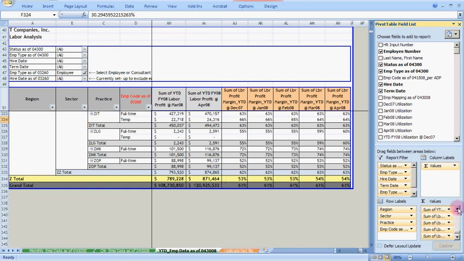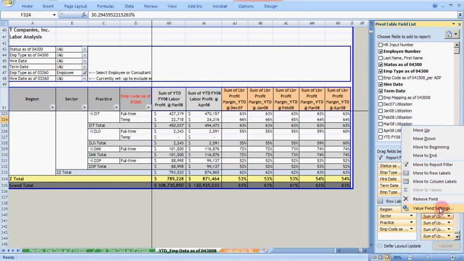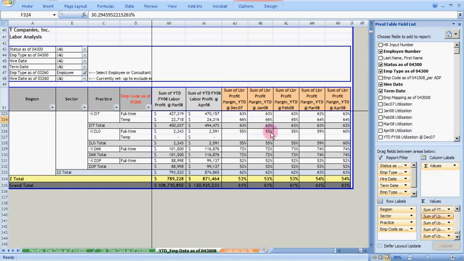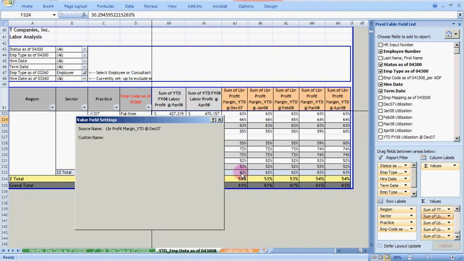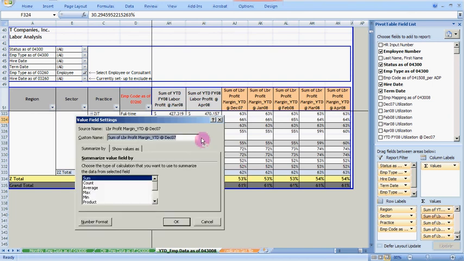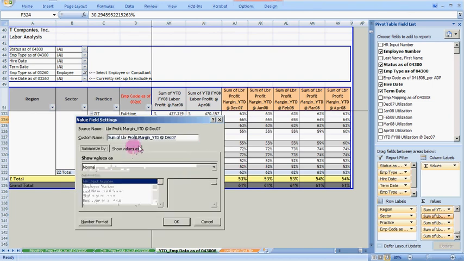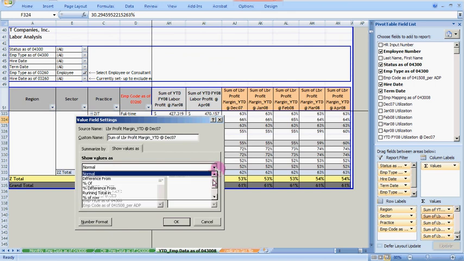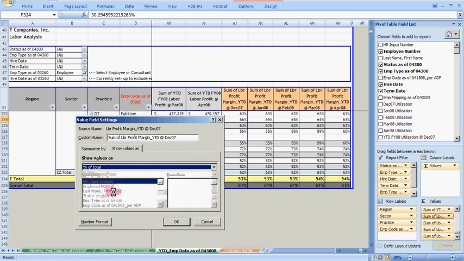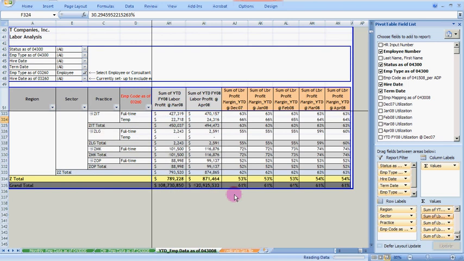So I'm going to change it to see the total percent. I go up and change that December amount and go to the value field settings, because I want to get a better idea of the total amount that's being used. I choose percent of total and change that, and that will change this amount to be a percent of that total.